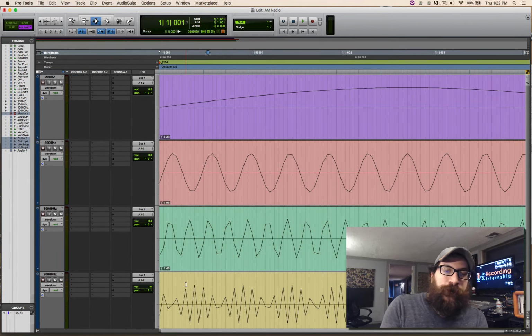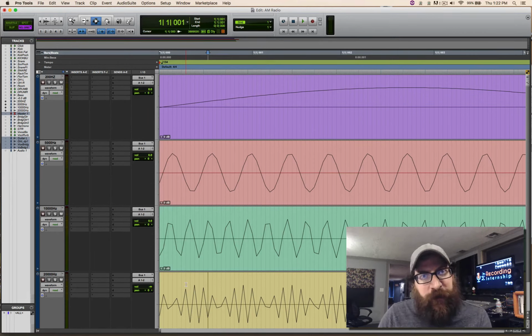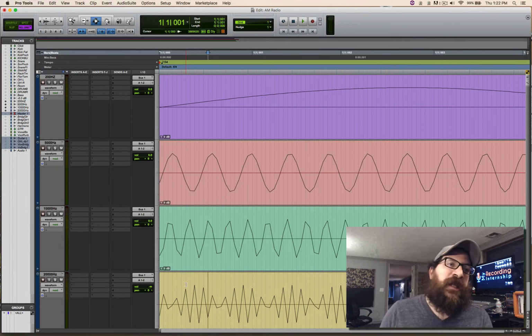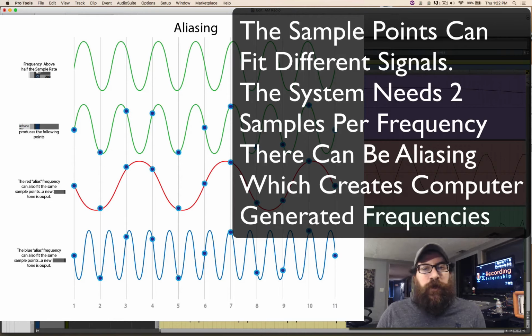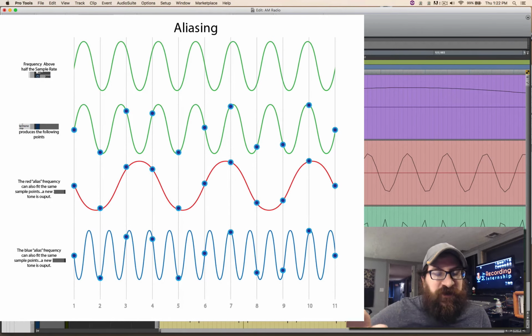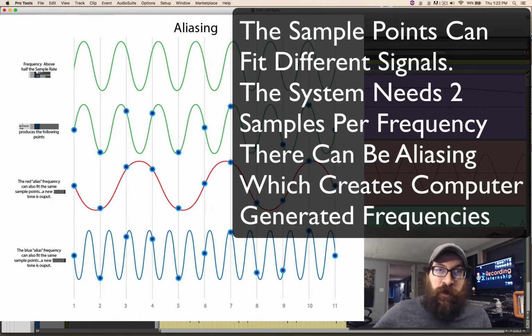All right, so now that we have that figured out, I want to talk just a little bit about signals reflecting back into the plane. This won't happen on your DAW very often at all unless you're using plugins. Plugins that create distortion wind up doing harmonic distortion. So say we have harmonic distortion, and this signal is 20,000 hertz already, and it's exciting its harmonic, which would be 40,000 hertz, which we cannot sample.